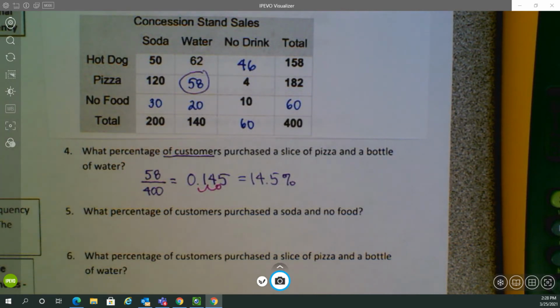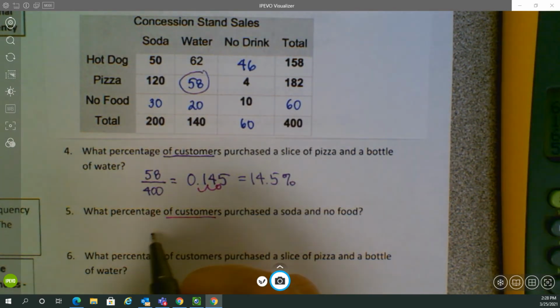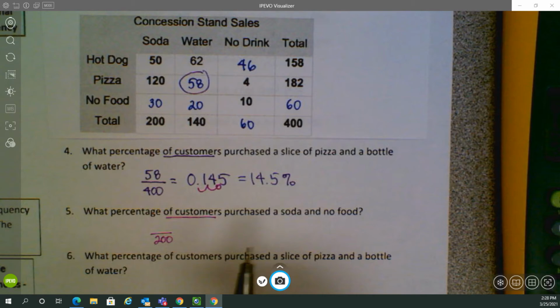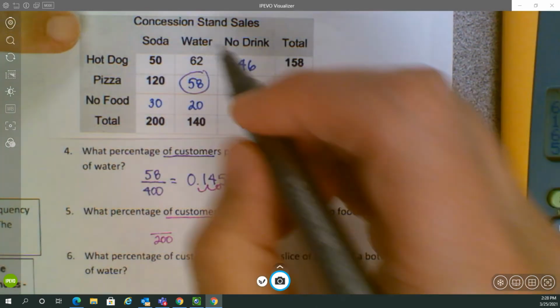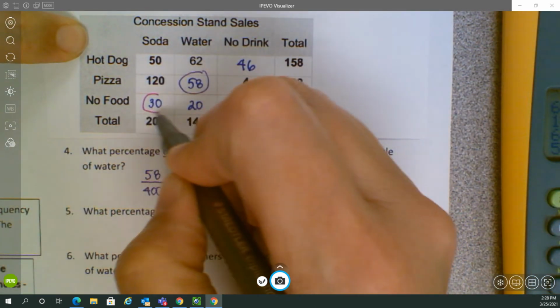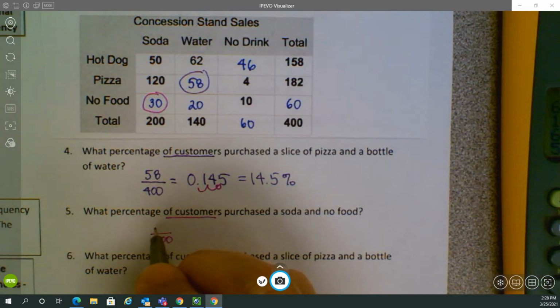What percentage of customers, again, we're dealing with customers here, out of 200, purchased a soda and no food. So let's look for soda and no food. That's here. So we have 30 out of the 200.